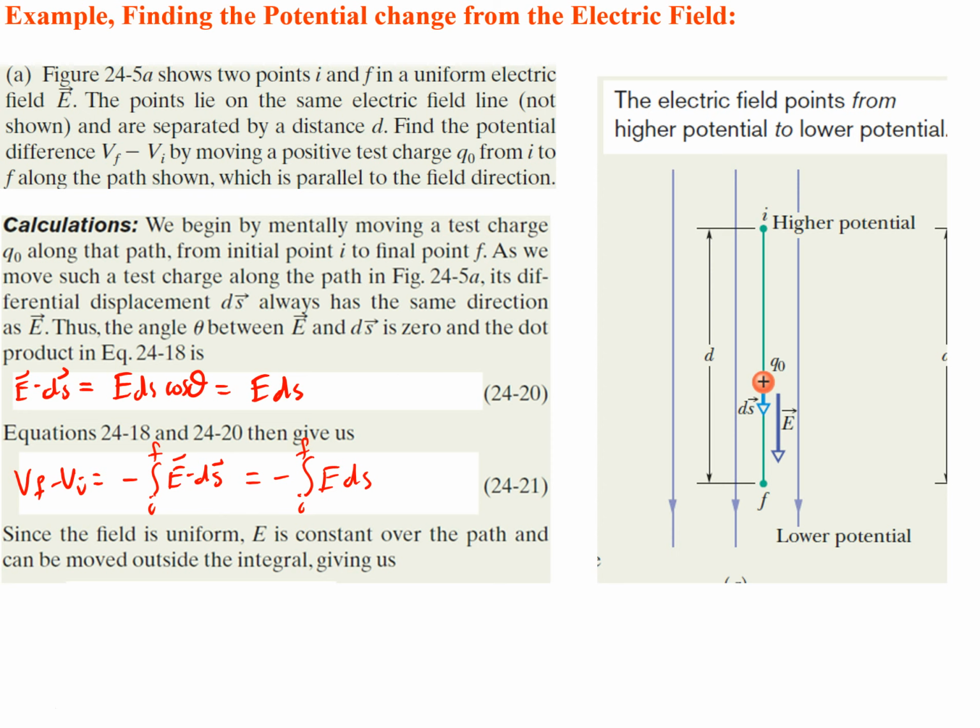What we end up with is Vf minus Vi equal to minus E times the integral from I to F of ds. Well, this integral, taking distance from here to here, is actually just the distance d, because that's the distance between those 2 points. So this simplifies to E d. Our final answer is that the potential difference, Vf minus Vi, is just going to equal E times d.